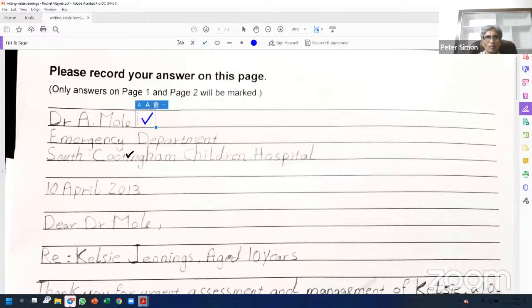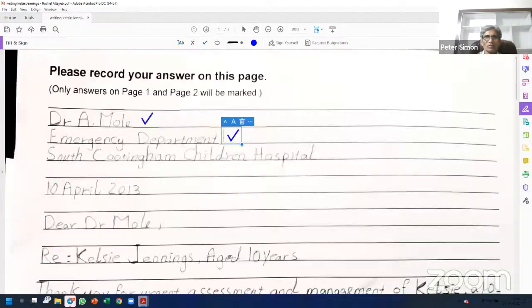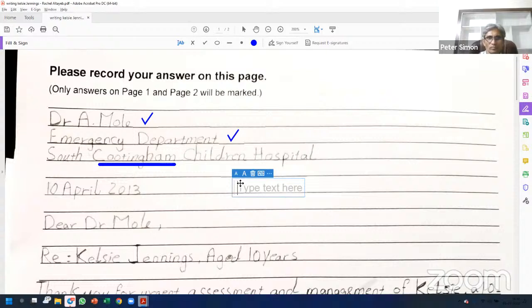Dr. A. Mole, emergency department, South Cottingham. So this is a spelling mistake. It is not written that way; it is Cottingham.